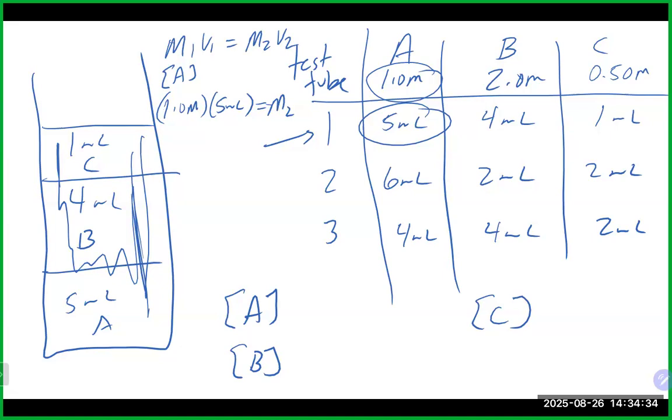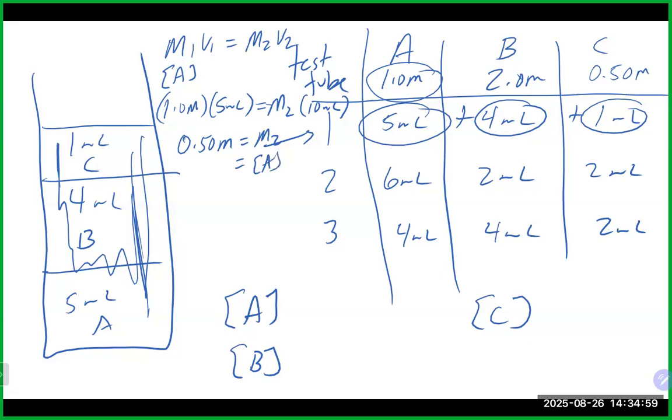What would be my total volume in this case? In a test tube, 4 plus 5 plus 1 is 10 milliliters, right? That is the total volume. So the concentration of A in that test tube, once it's mixed together, is actually 0.5 molar.